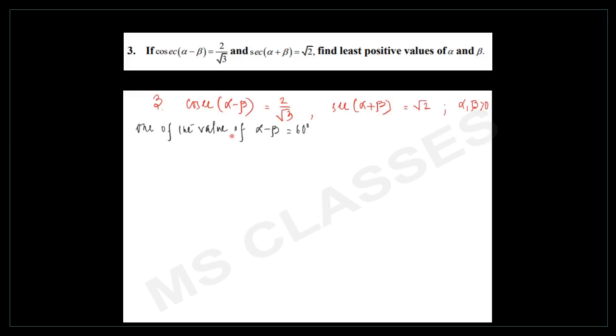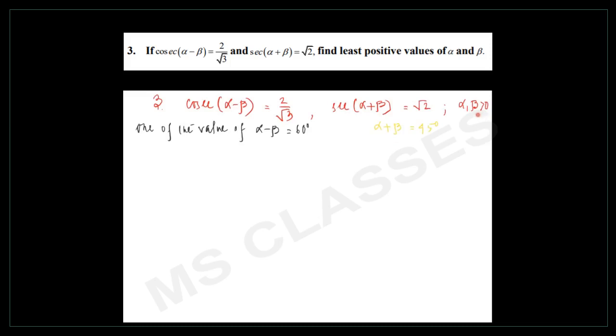Because you know in other quadrants you can have different values. In the second quadrant you can have a value. Even if you go around a circle and come to the first quadrant, you can get another value. Like that, you can get various values. Now, sec of alpha plus beta. Suppose someone is thinking, okay, I'll write alpha plus beta as 45 degree. The problem is that the solution needs us to get positive values.